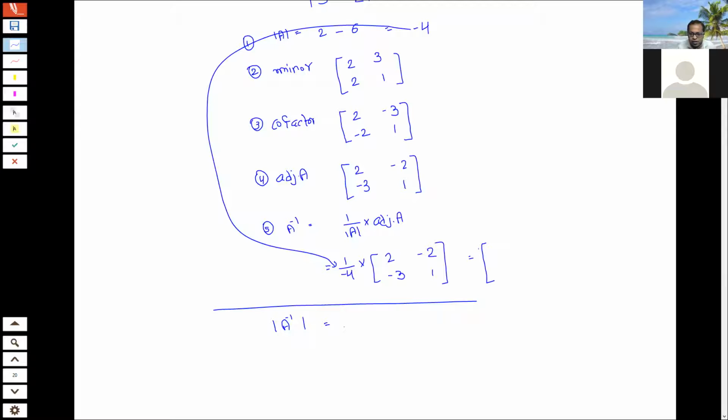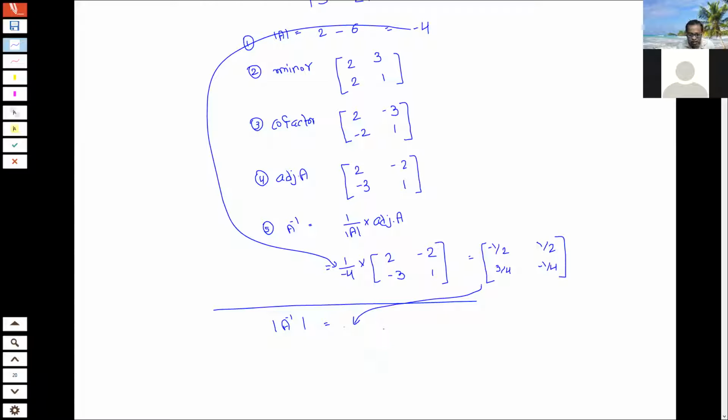Taking the 4 inside, 2 by 4, 2 by minus 4, so it will be 1 by 2 minus, then 2 by 4 will be half. This will be 3 by 4 and it will be minus 1 by 4. So we have found this, and the determinant of this we need to find.